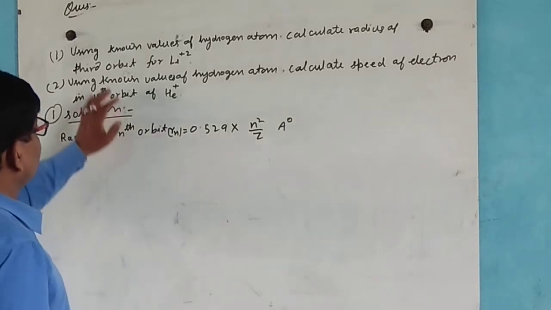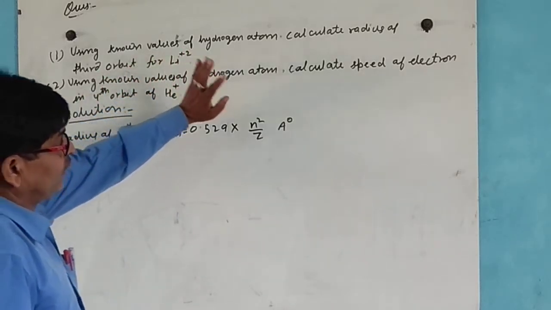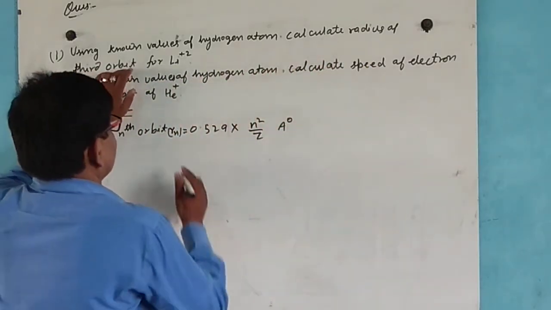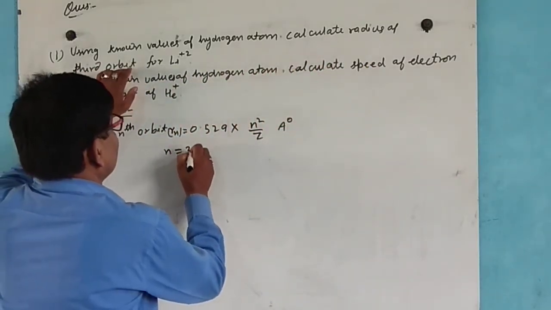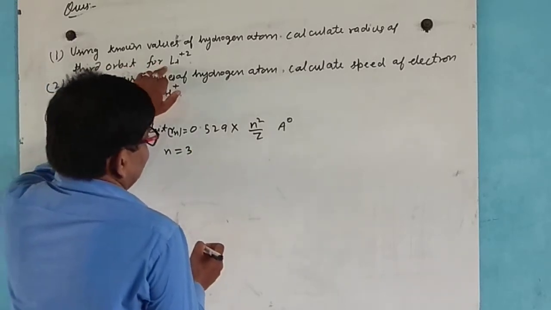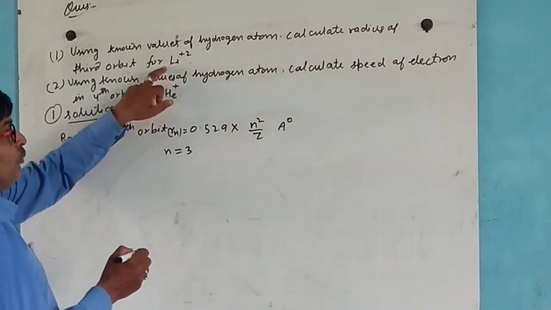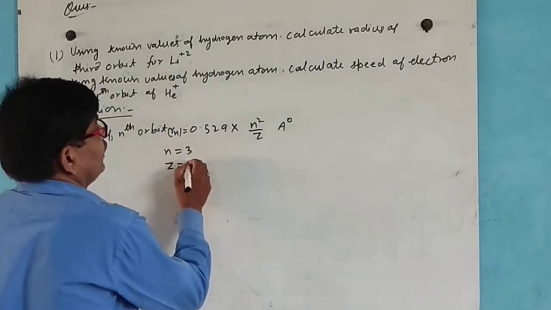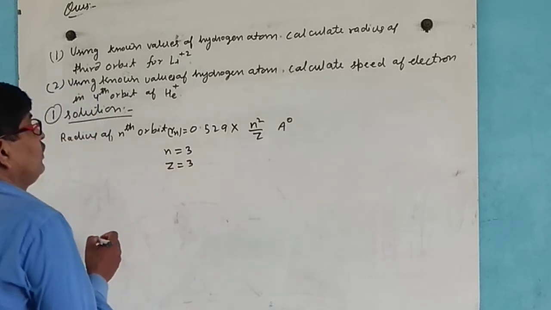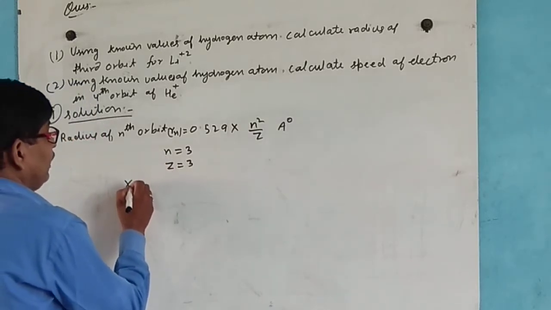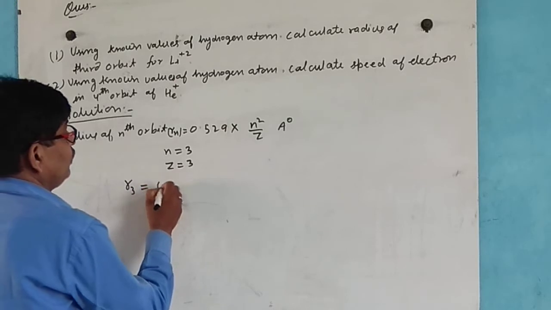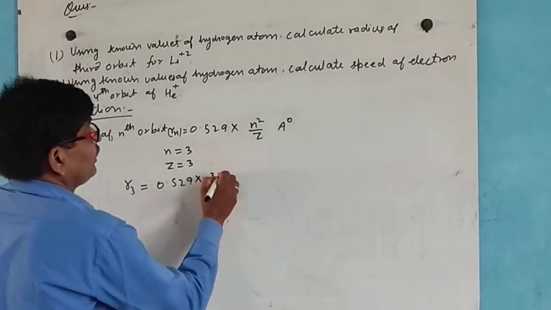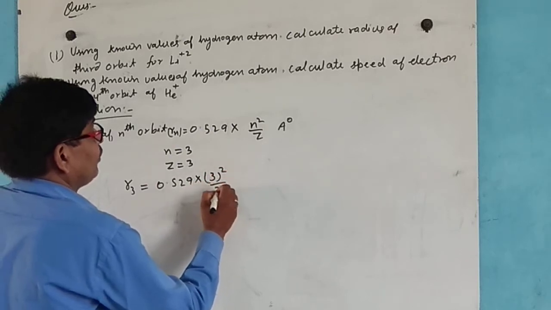Now here, using known value of hydrogen atom, calculate radius of third orbit. n equal to 3. For lithium, atomic number Z equal to 3, so that radius R3 equal to 0.529 into n square, 3 square, divided by 3.